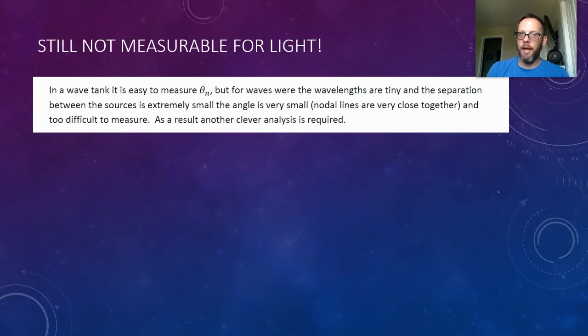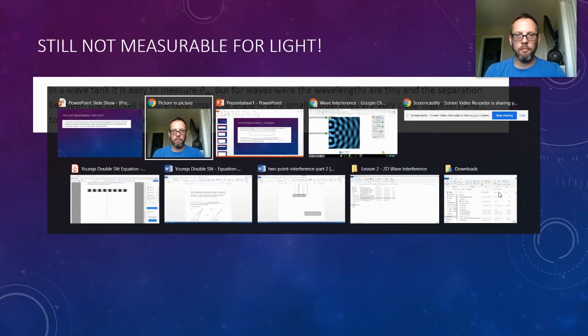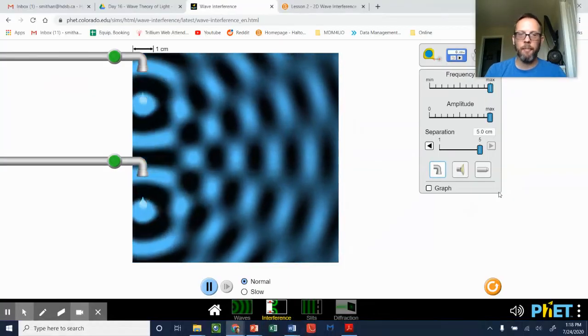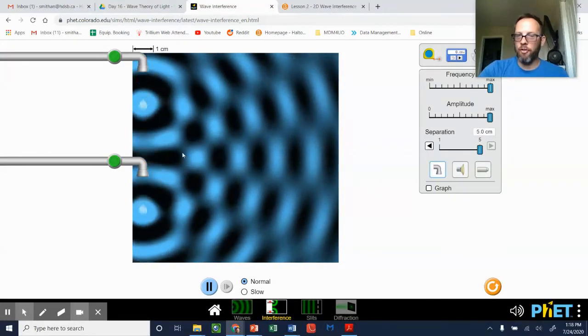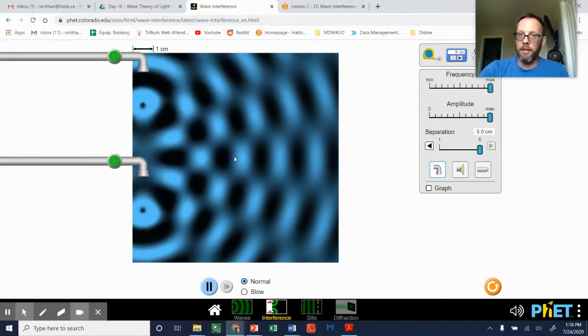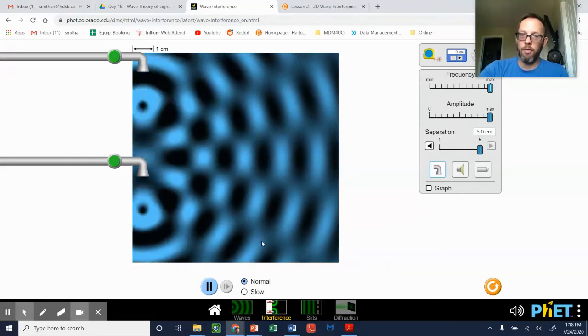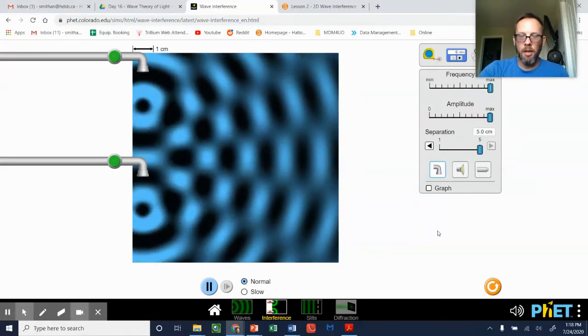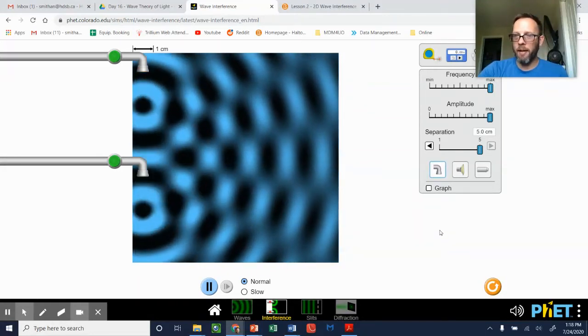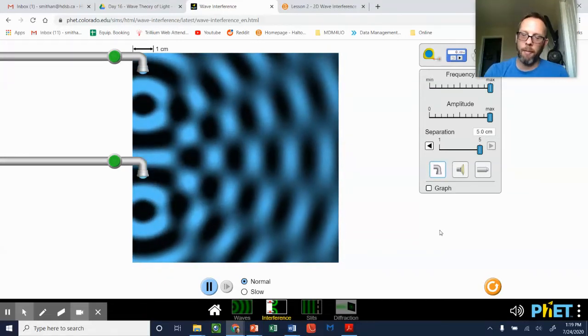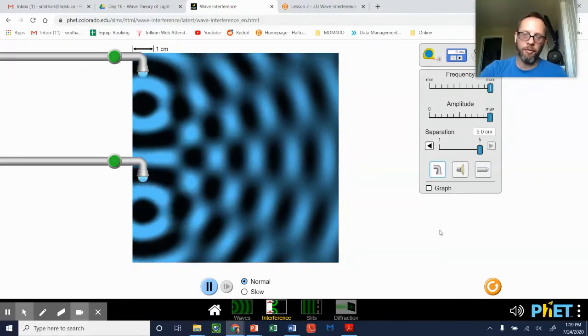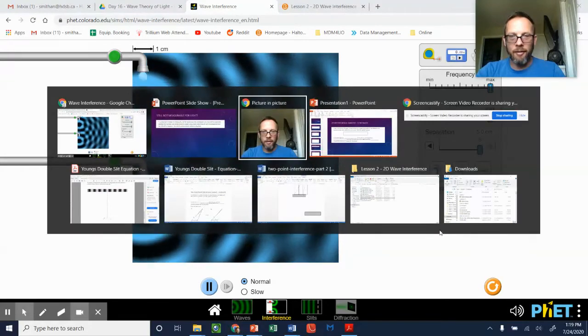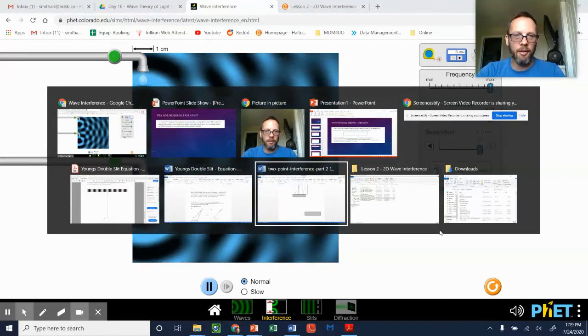So in a wave tank, like we have here, imagine this big enough water tank, I could physically measure these angles that these nodal lines are at. But if we're shining light through two narrow slits, it's going to be a lot harder to calculate.